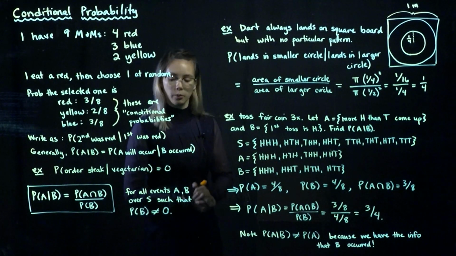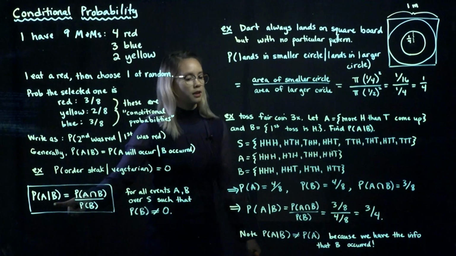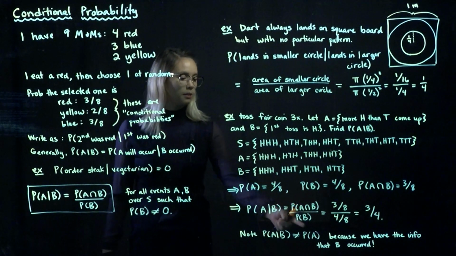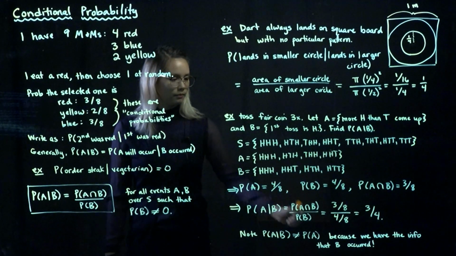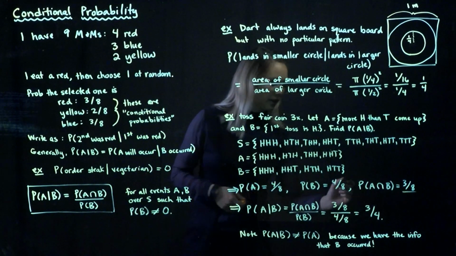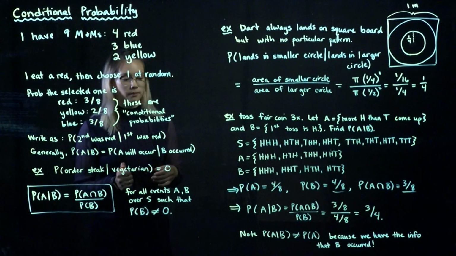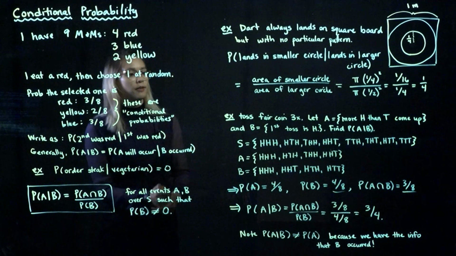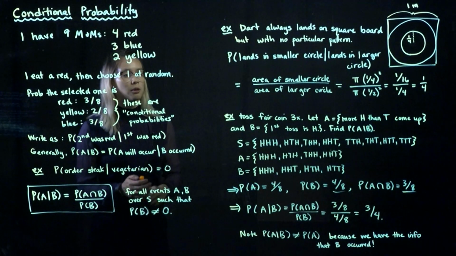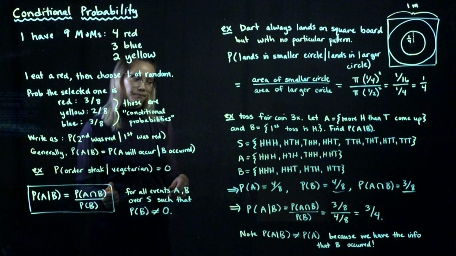All right, so to calculate the probability of A given B, we need the probability of the intersection divided by the probability of B. So we can just plug those things in. 3/8 over 4/8 is 3/4. So in other words, if I know that the first toss was heads, the probability that more heads than tails came up is 3/4.